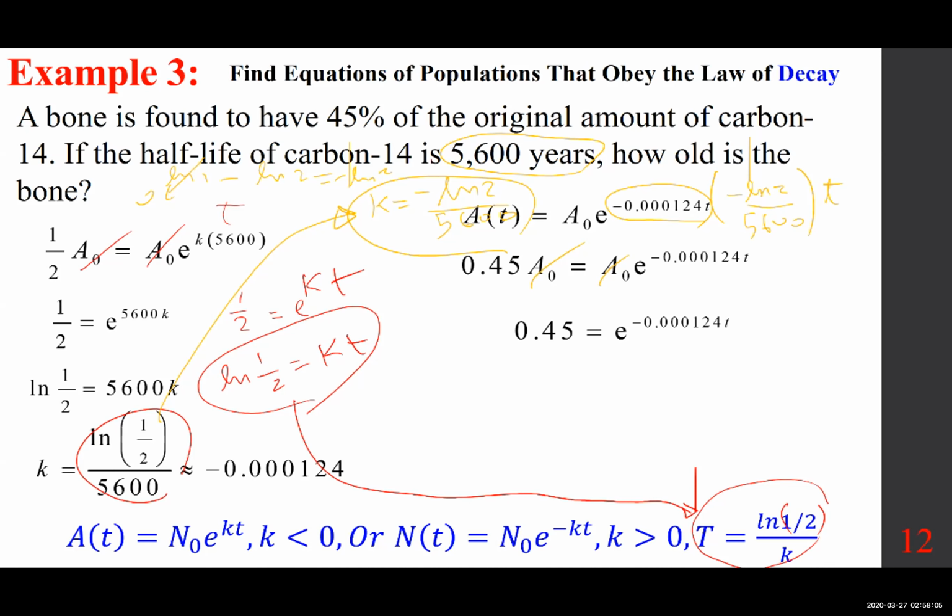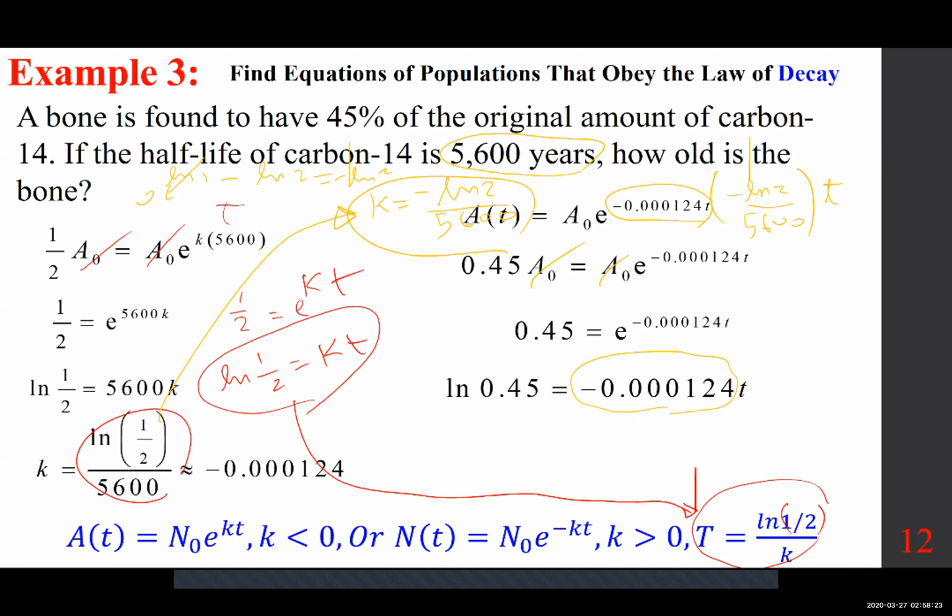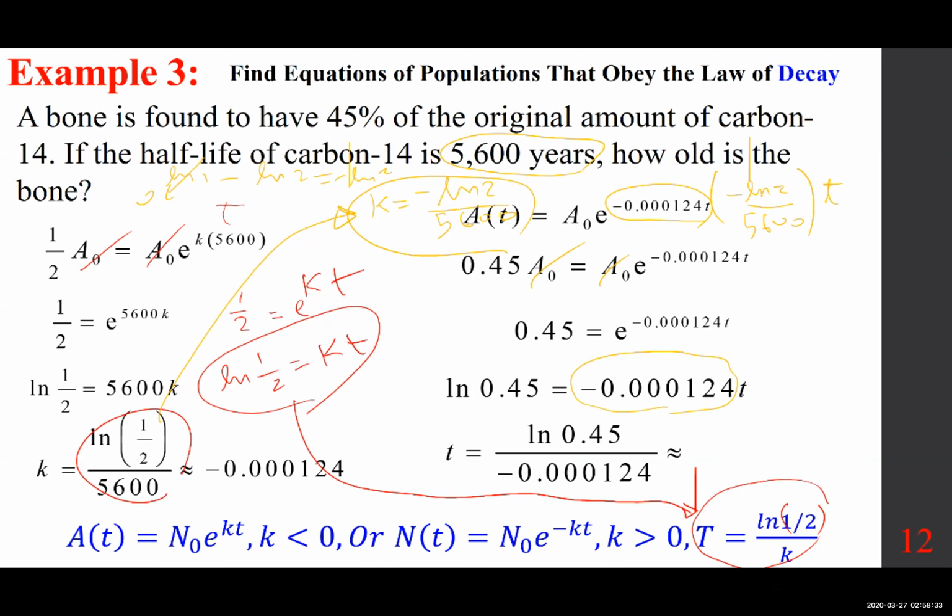So left side becomes ln of 0.45, and the right side is simply the exponent. Dividing by this value, negative 0.000124. And by the way, ln of 0.45 is negative because 0.45 is between 0 and 1. Negative over negative makes it positive. You have an approximation of 6,451 years. Okay, class? Sounds good?